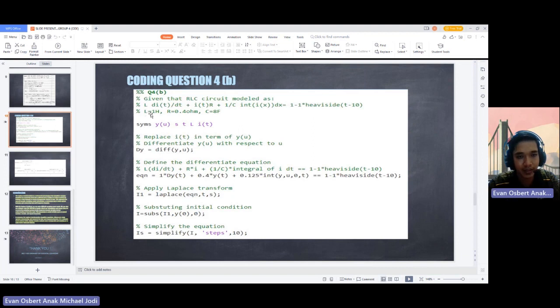Then L equals 1 Henry, R equals 0.4 ohm, C equals 8 Farad. Next, syms y(u) s t i p.